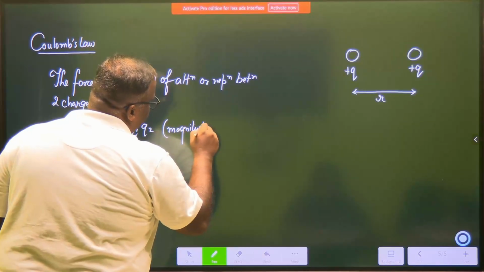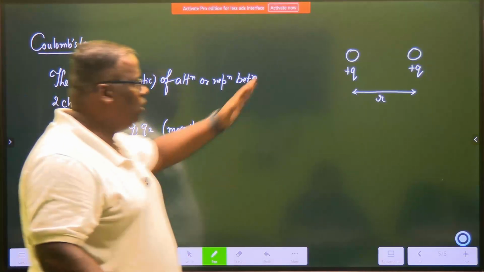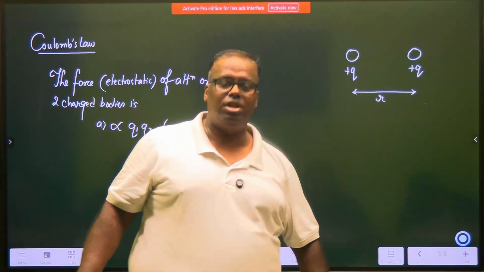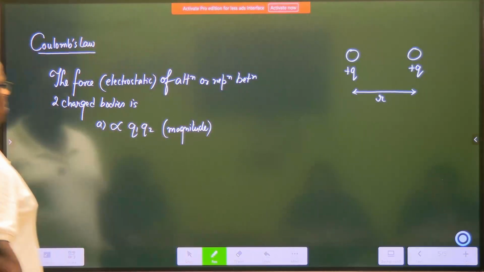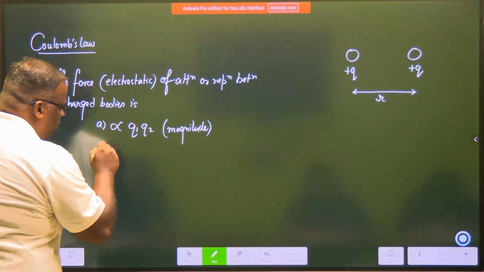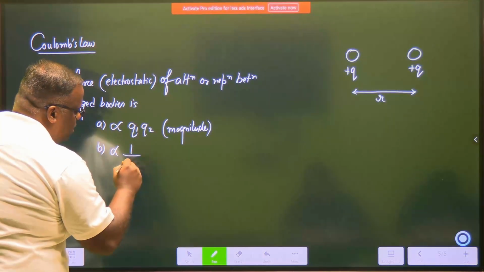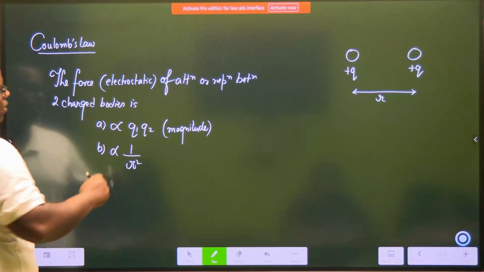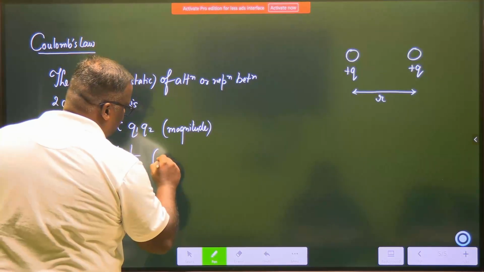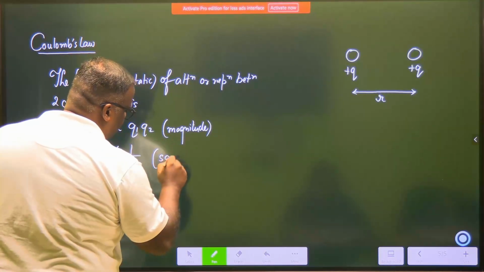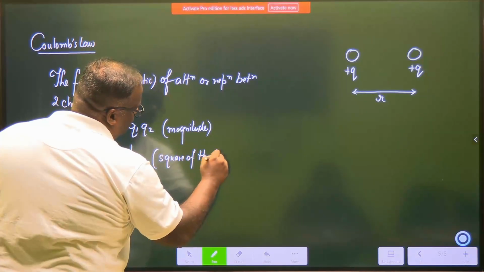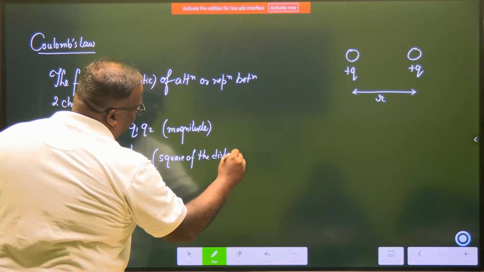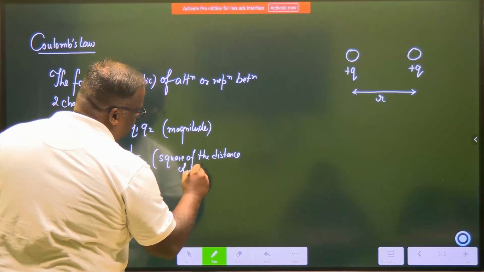The only thing is that if you have separate polarity out here, then it will be attractive. If you have same polarity, it will always be repulsive. Is directly proportional to this, and this also follows the inverse square law, says inversely proportional to the square of the distance of separation.